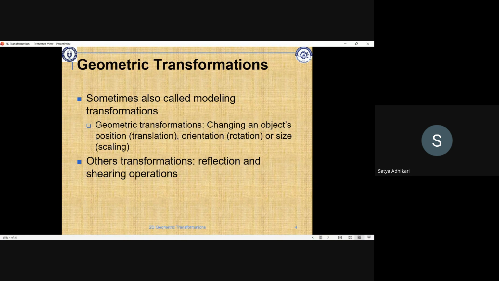It is known as a change in shape. And size means there is a rectangle, and you want to only increase its size. After applying the scaling, you will get the same object, but on either a larger side or a smaller side. But shearing means you want to change the shape. A rectangle may take the new shape as a square. A square may take the new shape as a rectangle. So you find the difference between scaling and shearing.